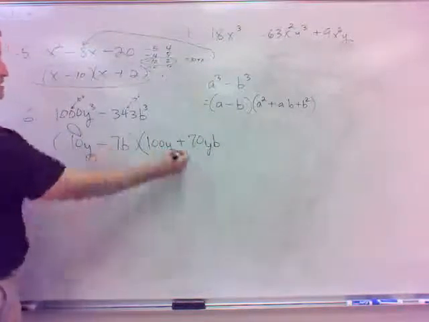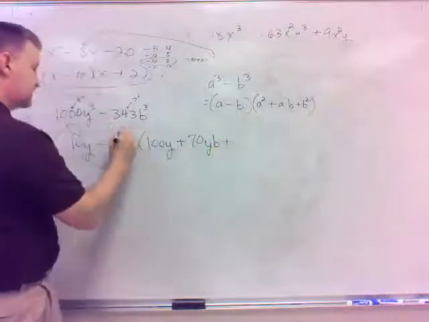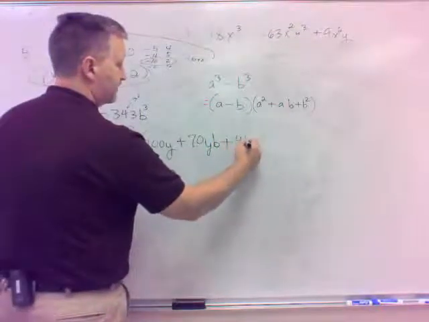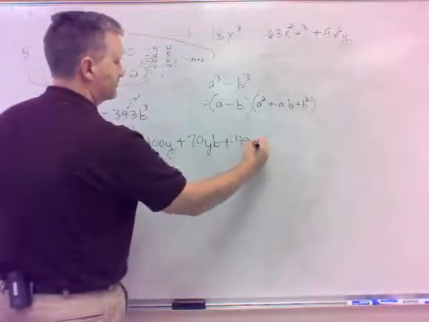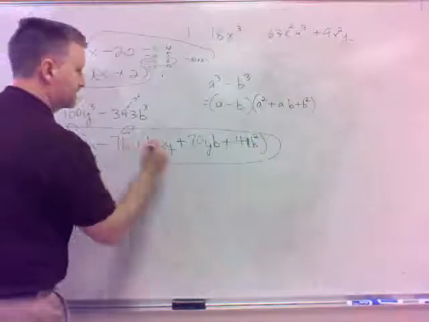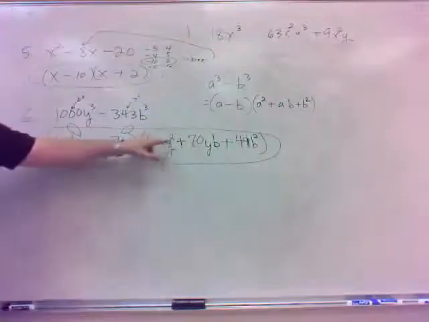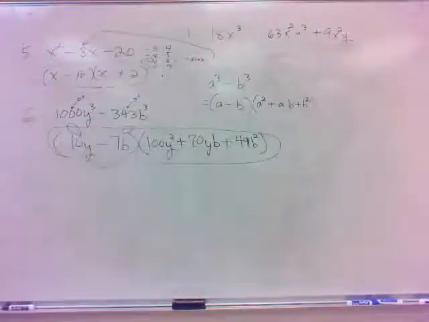It's always the opposite sign here. And then it's plus 7b squared is 49b squared. Whoop, forgot a square there, didn't I? 100y squared. Right there. Should be a square there. Did that right? Besides that one little mess up there?